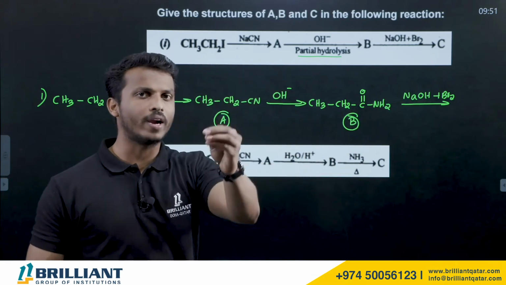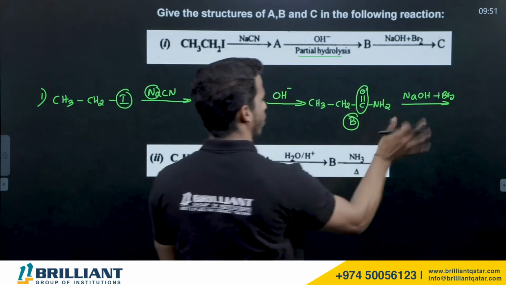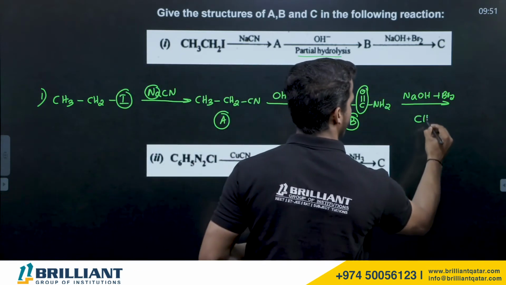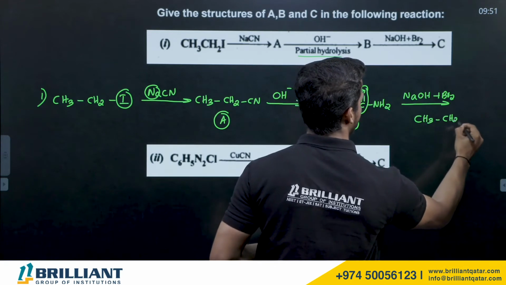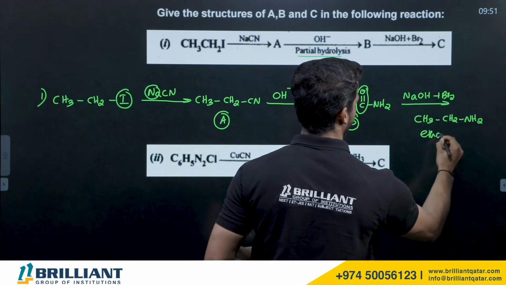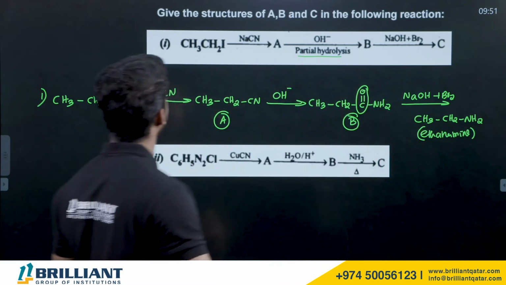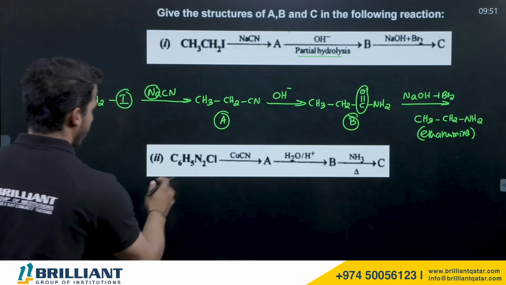How to write the product amine? It's very simple. From your amide, remove the CO group, and what remains is your amine. So CH3CH2NH2 is the amine. Ethanamine, right? Ethanamine is the product. Here we need only the structures, right? Okay, question number 2.